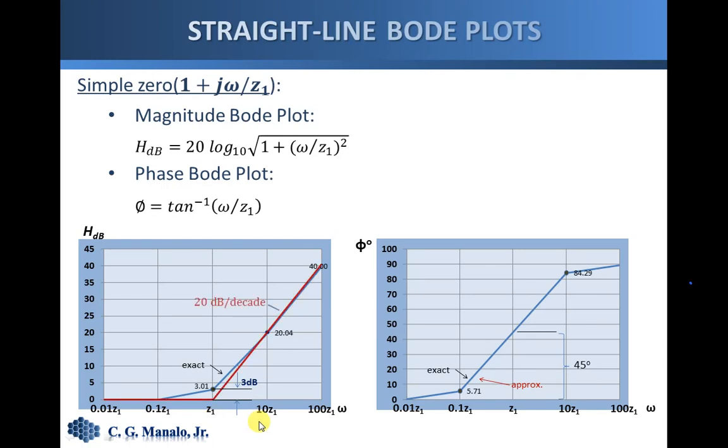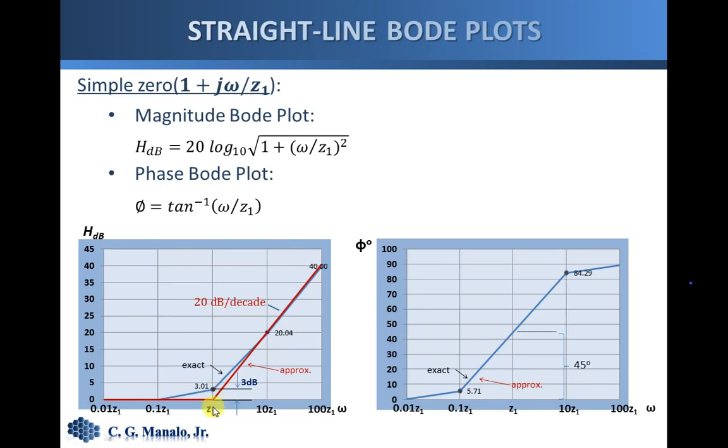Now, to simplify our Bode plots, we don't normally use the exact plot, and instead we use what is called the straight line Bode plot. So the red line here shows the straight line Bode plot, and this plot has a zero value at omega equals z sub 1 instead of 3 dB.